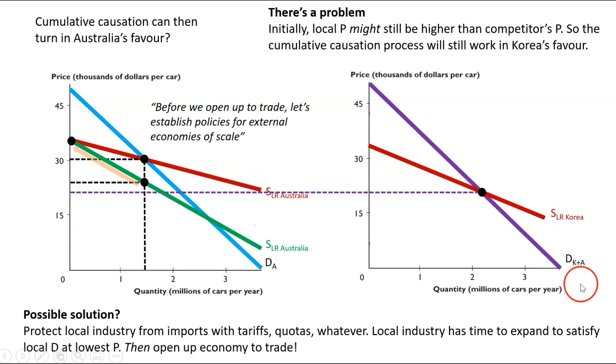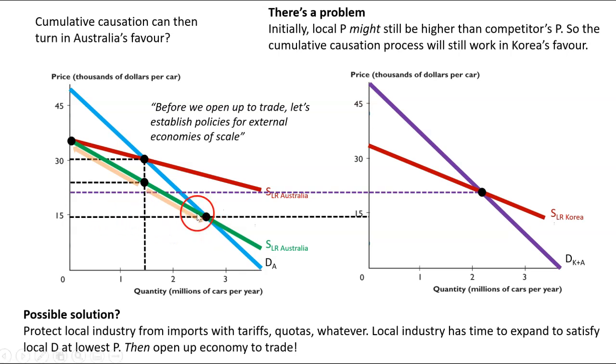Well, yes, there is. One possible solution is to protect your local industries from imports with tariffs, quotas, or whatever. You could have a quota set at 0, so no one was allowed to import any cars. The industry starts out here, and then has time to expand down to its equilibrium.